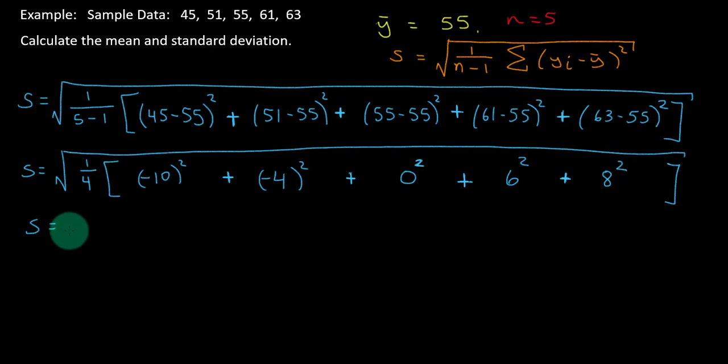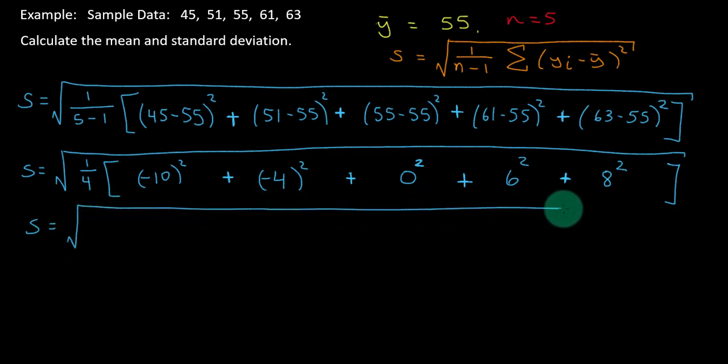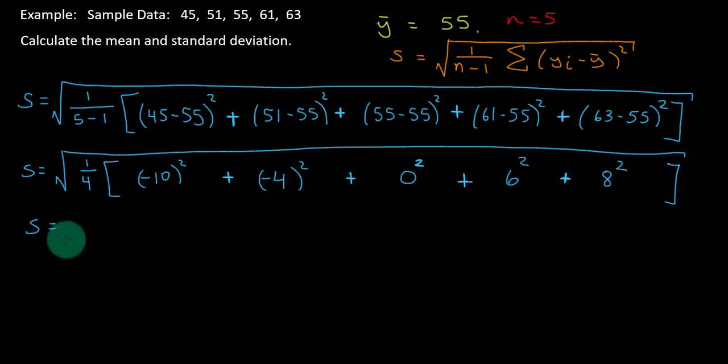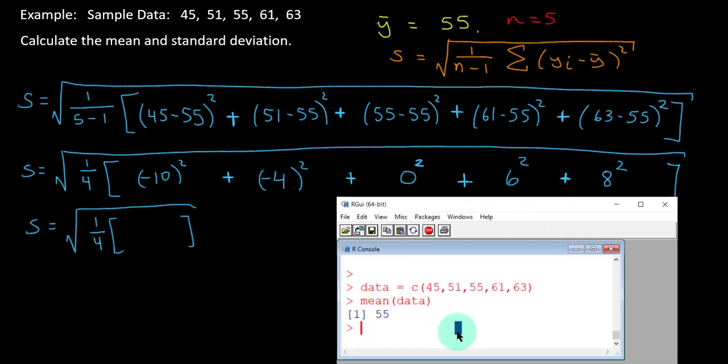Now we're going to add all of these up, and I think I will actually go and get R to do that for me. Okay, in R I'm going to do 10 squared is 100, 4 squared is 16, plus 0, I'll write it for clarity, plus 36, plus 64.